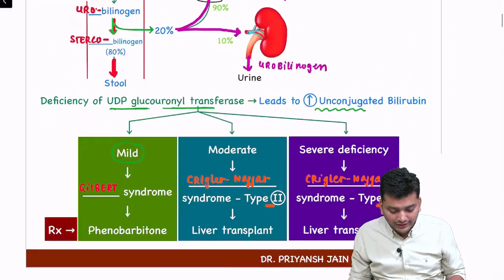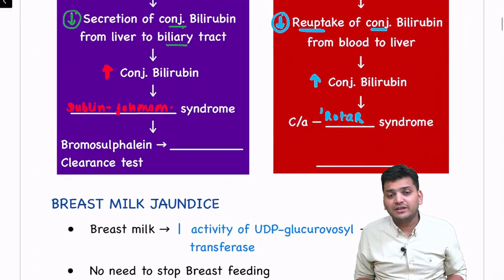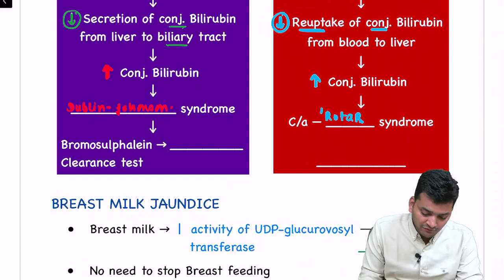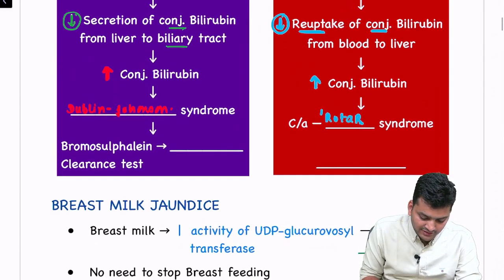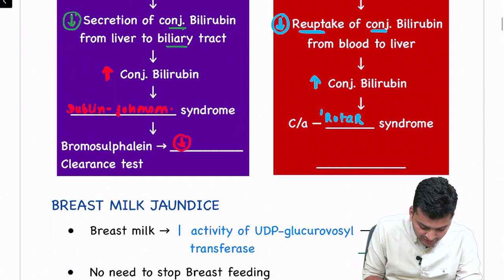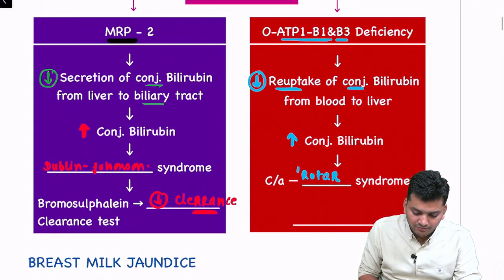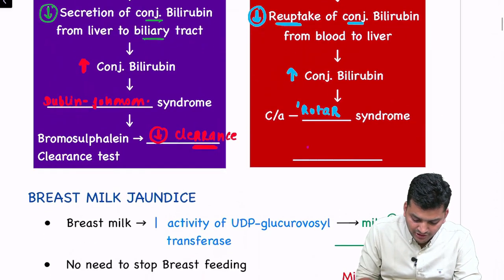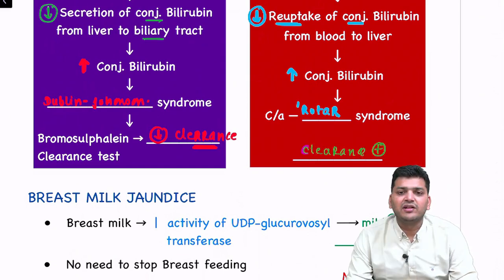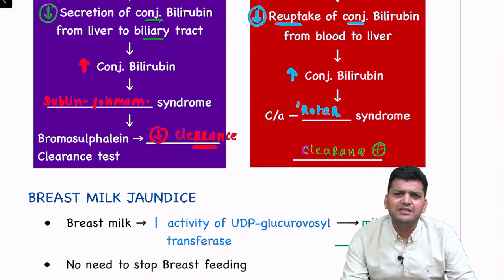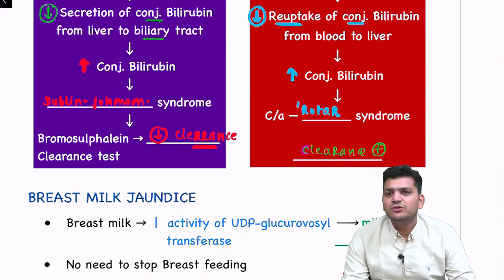So we are going to do a clearance test, the bromsulphthalein clearance test. If there is Dubin-Johnson syndrome, meaning there is a problem in the MRP2, there is decreased or no clearance. Whereas if the patient has Rotor syndrome, the clearance will happen. So this is how we can easily differentiate whether it is Dubin-Johnson or Rotor syndrome.